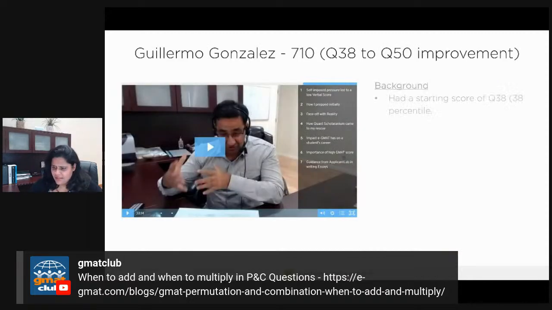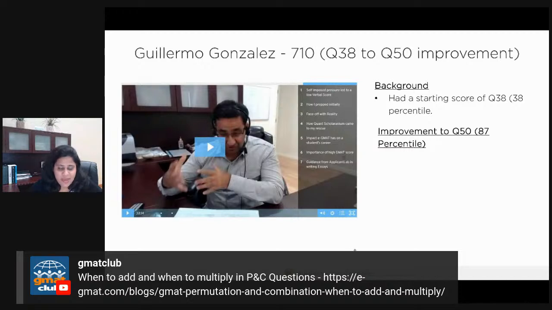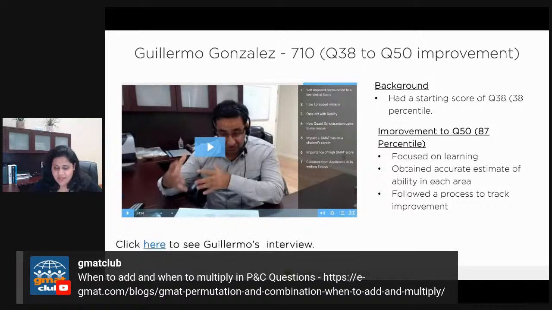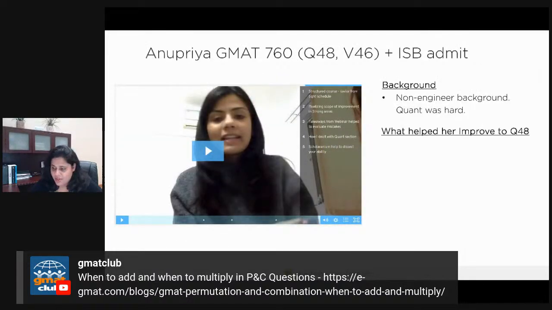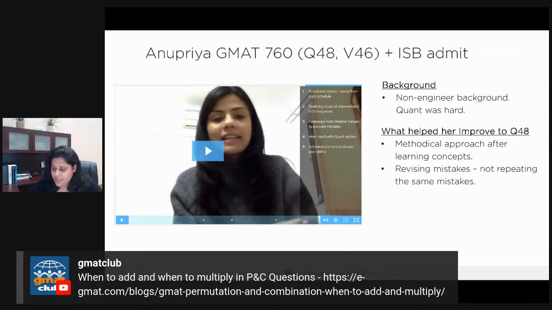And if you focus on the basic concepts, regardless of what level you're at, you will be able to get to the right ability level in quant. Whether you're an engineering background or non-engineering background, the main thing is your methodical approach for learning the concepts and not just mugging up the formula. Okay. All right.